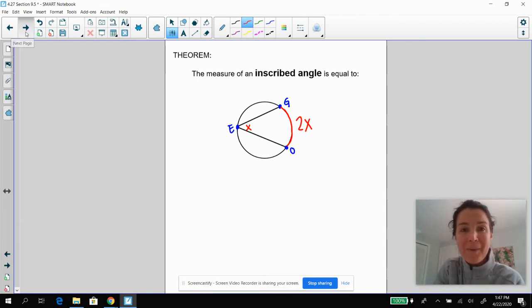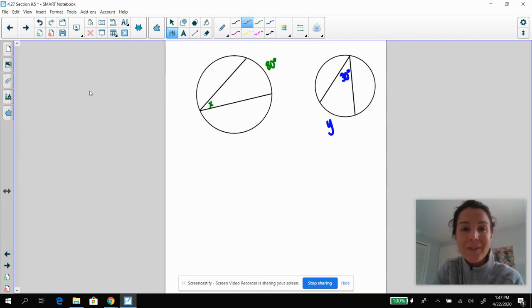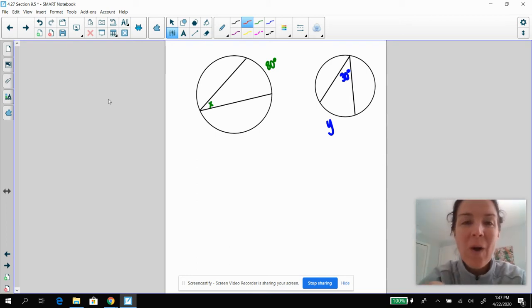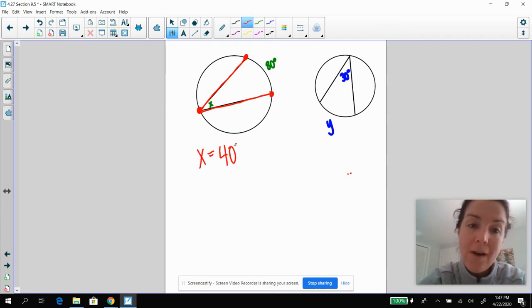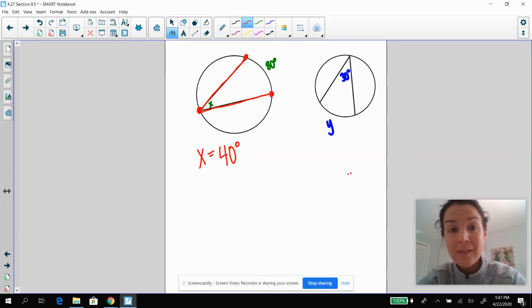So let's move forward. Here we go. Pause this video, solve for x, solve for y. All right, so you're back. Hopefully you saw I've got a little X here. Its vertex is on the circle, so I know it's an inscribed angle. So I know that it's going to be half that intercepted arc. So X is going to equal 40. Awesome. And then the other side, it's sort of the reverse.